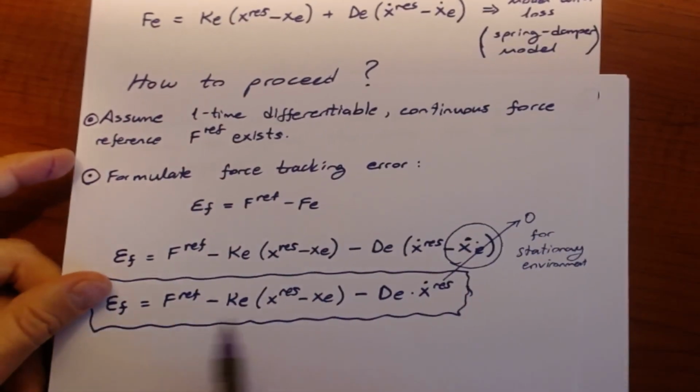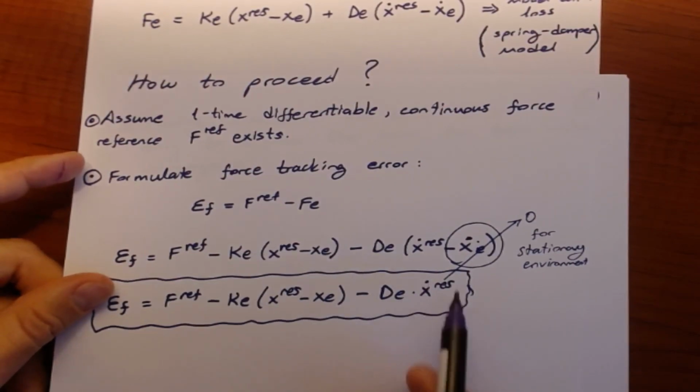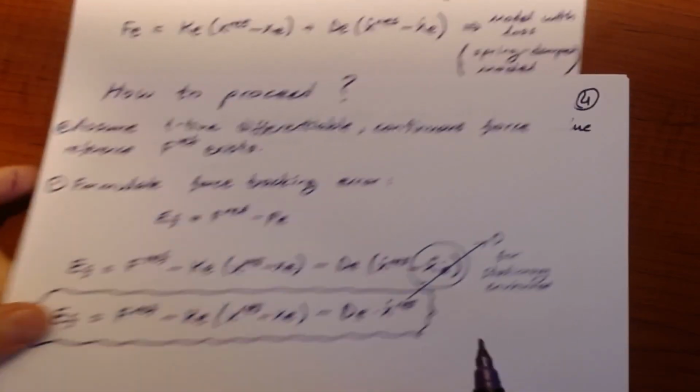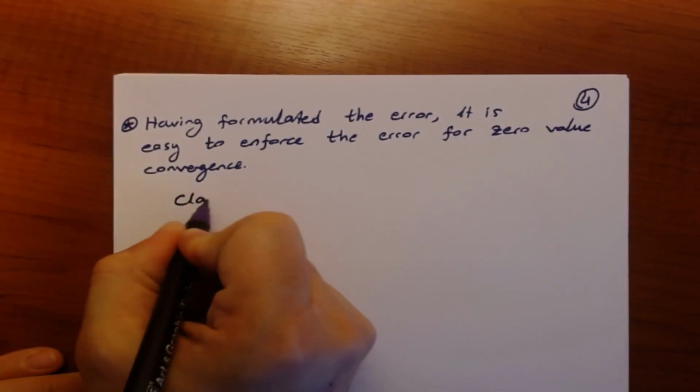So take this error, since you have the derivative of the response, x response dot, only differentiation one time would be sufficient for that equation. So here it is.